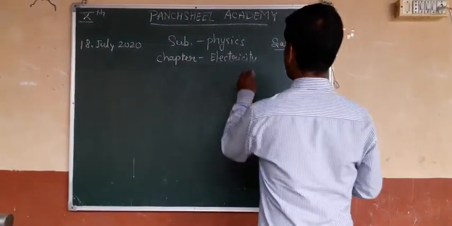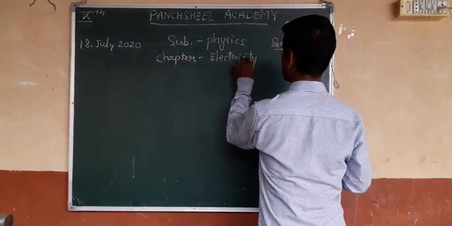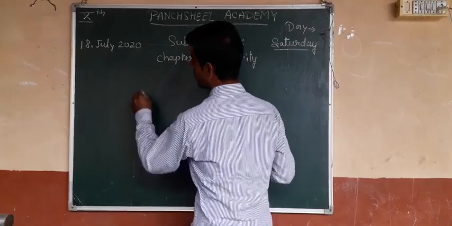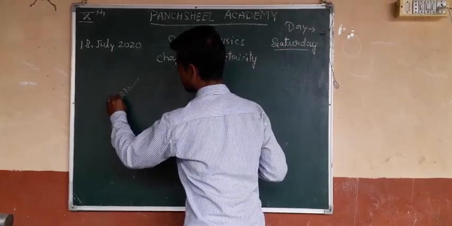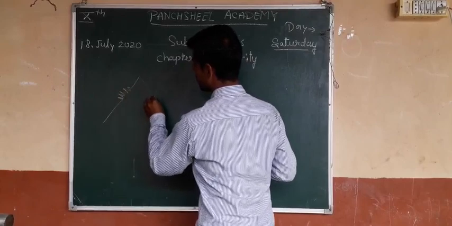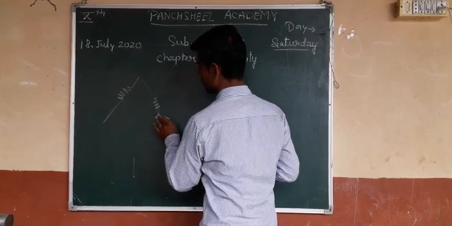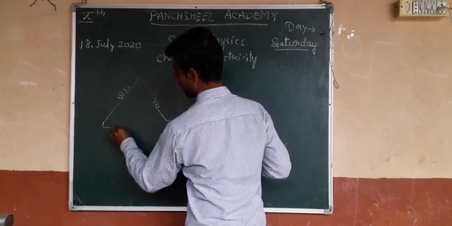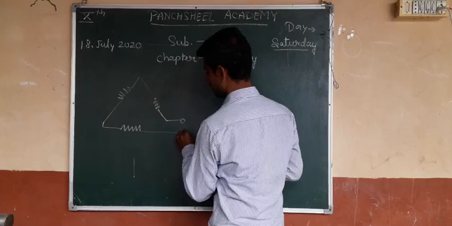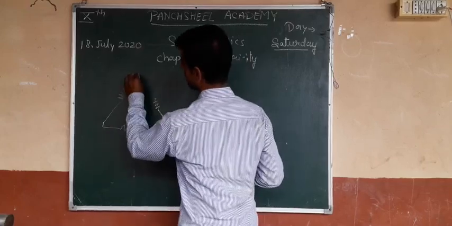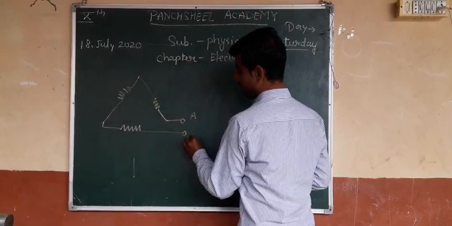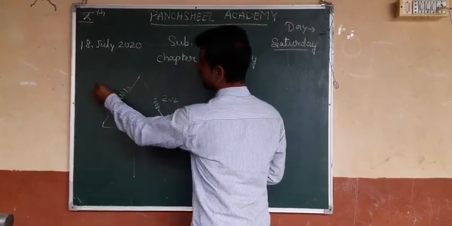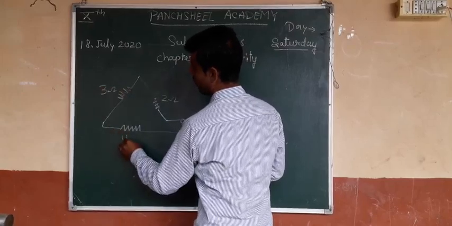Okay, we will take another example for series combination. One question is like that. This is the A point and this is the B terminal or B point. Here 2 ohm, 3 ohm and 4 ohm.